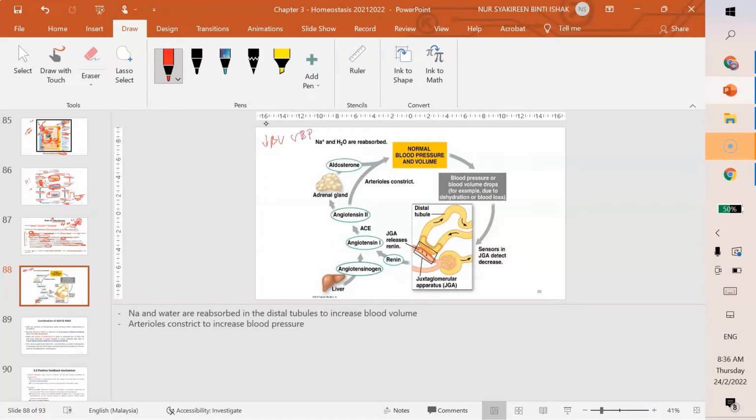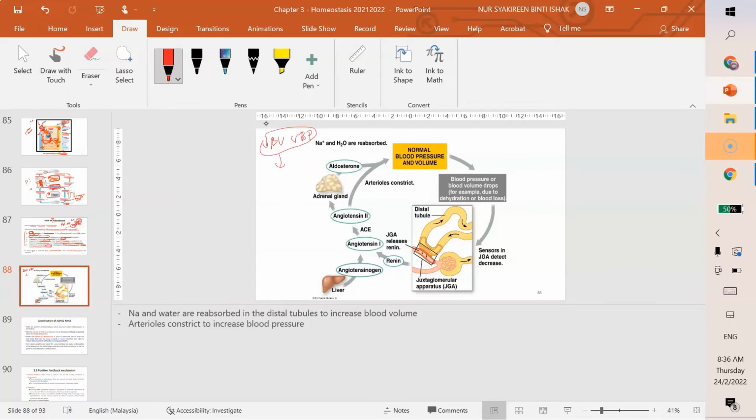Okay, untuk increasekan these two factors back to the normal set point, you have to increase back the blood volume to the normal set point, and also increase back the blood pressure to the normal set point. So macam mana nak increase blood volume? Increase water reabsorption, and also you have to cause arterioles to constrict. Okay, constrict and increase back the blood pressure.